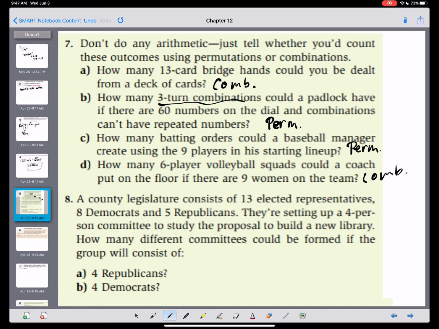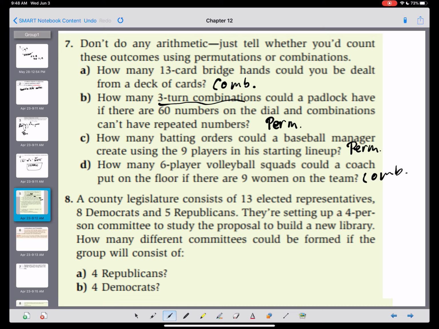I don't think the order in which you pick the six matters. Versus a batting order, where Jim going before Bob is different from Bob going before Jim. Batting orders in baseball matter. It's called a batting order, right? So order matters.